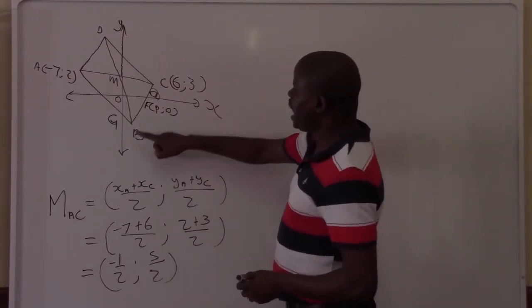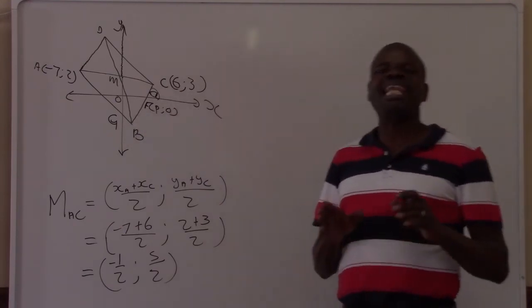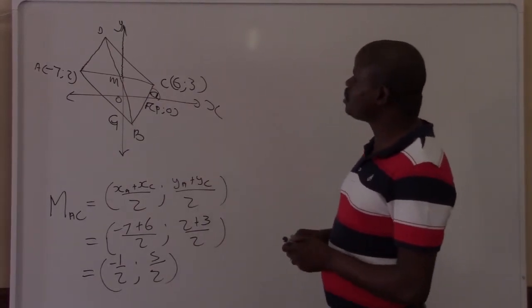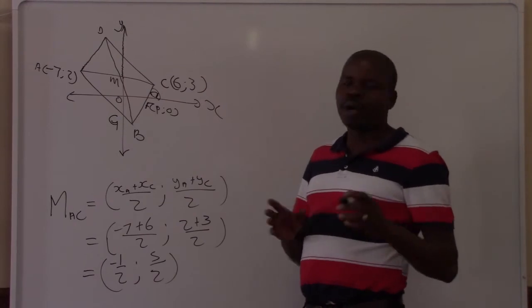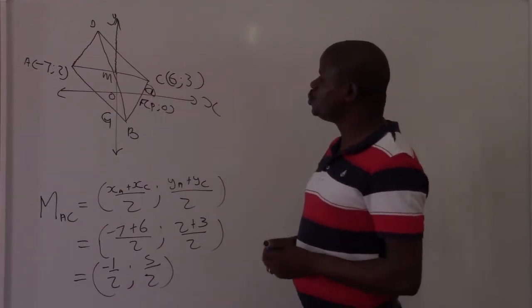B, F, C are what we call collinear. And in collinear points, the gradients are the same or equal, because it's the same line divided into segments.